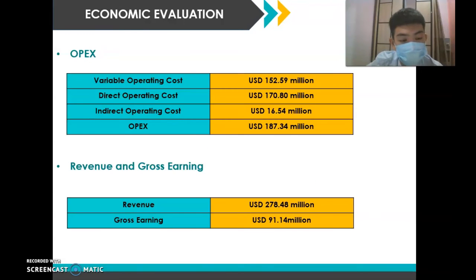After calculation, the OPEX is USD 187.34 million. And lastly, the gross earning is USD 91.14 million.